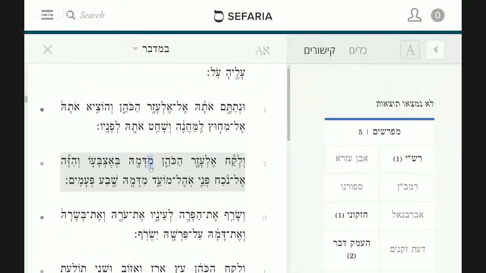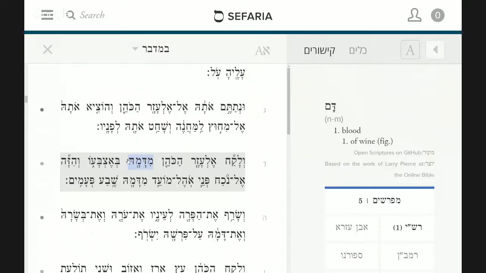We're not going to take all of the blood of the animal, just some of the blood, which makes sense because he's supposed to just use his finger. It would be pretty hard to do all of that with his finger. So midama, he shall take some of the blood. Four letters is all you need to express that in Hebrew.